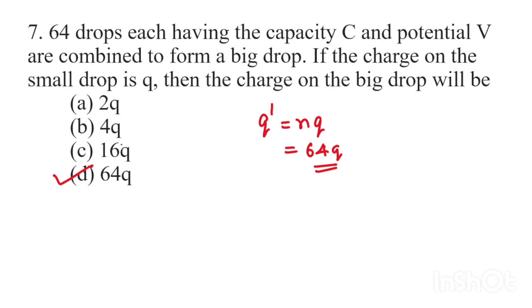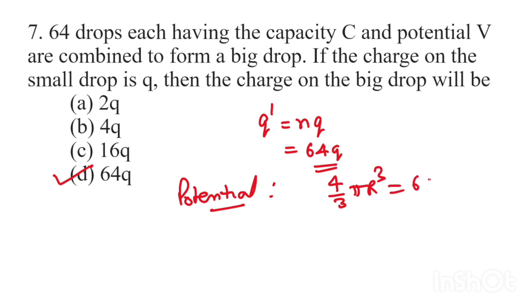If they ask what is the potential on the bigger drop, now we have to find the potential on the bigger drop. So to find the potential on bigger drop, first of all we find radius of the bigger drop. So the volume of the bigger drop equal to 64 into volume of smaller drop. 4 by 3 pi cancel.